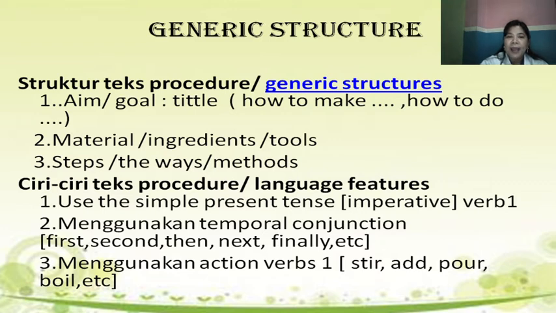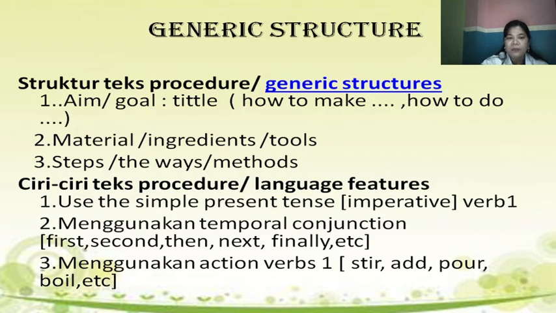And then the next, it's about generic structure. Generic structure number 1 is aim, goal, title.